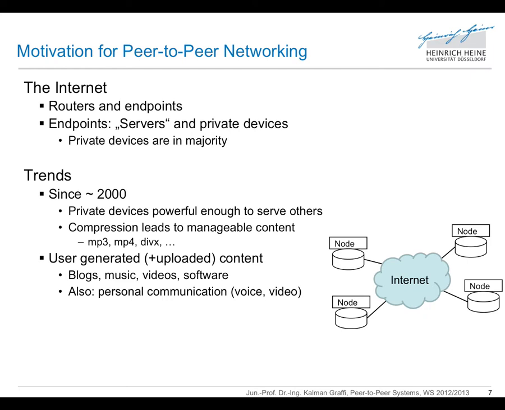And like I said, since 2000, it's really that the devices are getting more and more powerful. And I mean, they're getting more and more powerful all the time, but also with some compression and some new approaches, content got manageable. So also it was feasible to share them.